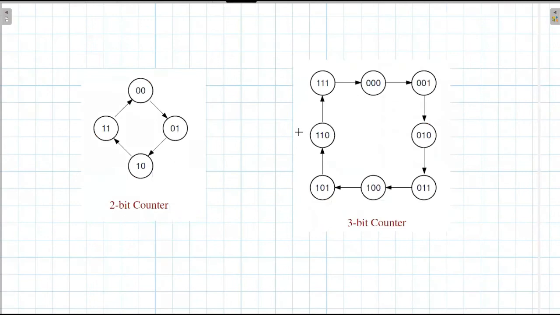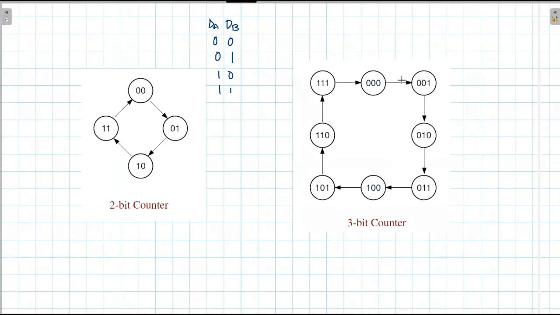So suppose you are having a 2-bit counter. A 2-bit counter means you are having 2 flip-flops, suppose DA and DB. So the number of inputs is 2, and the states will be 00, 01, 10 and 11. From 00 it will go to 01, then from 01 it will go to 10 and then 11, and it will reset to the normal state.